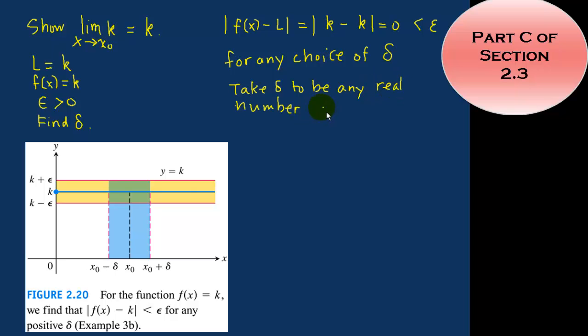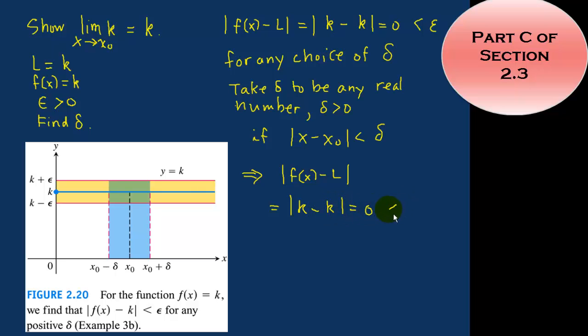Of course, delta has to be greater than 0, so that if x minus x sub 0 is less than delta, then f of x minus L, which in this particular case is k minus k, is 0, which is always less than epsilon. So we have shown that for all x's, possibly not equal to x of 0, this inequality is less than epsilon.